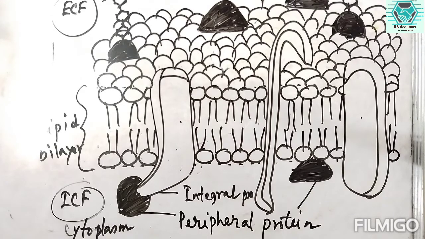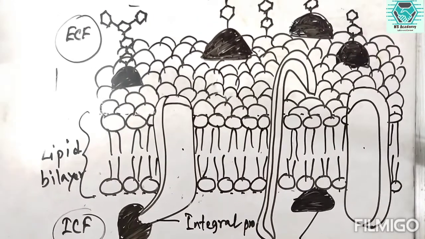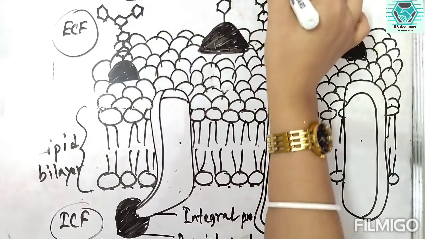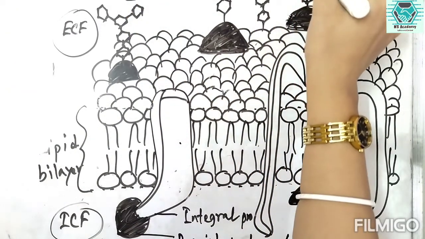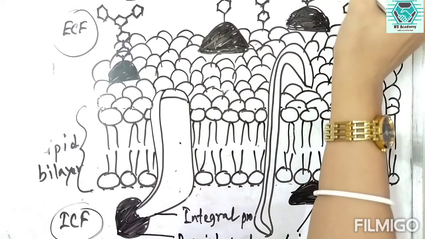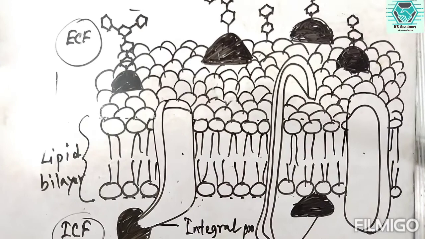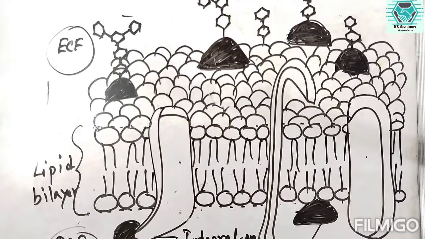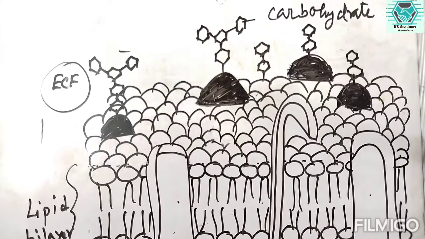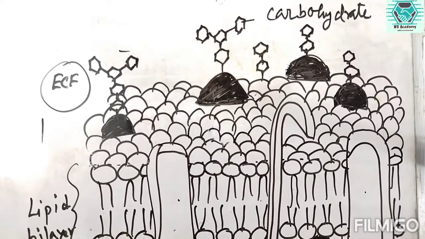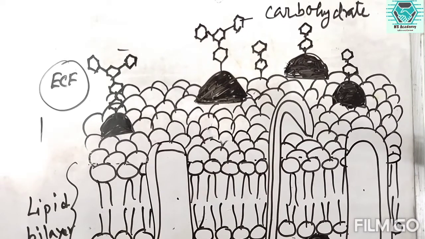And what about the other structures? These are the carbohydrate molecules, which are also attached to the proteins.